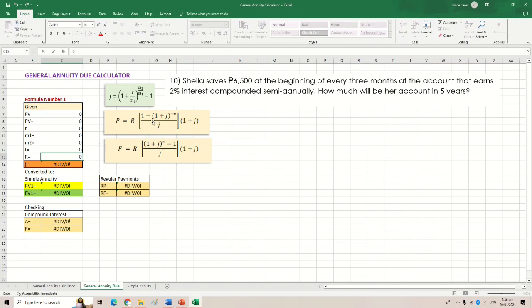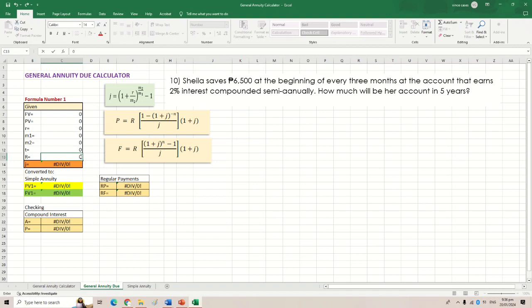This is the formula of our general annuity. And let's see, Sheila saved 6,500 at the beginning. Okay, that is annuity due. 6,500, that is the R of every 3 months.